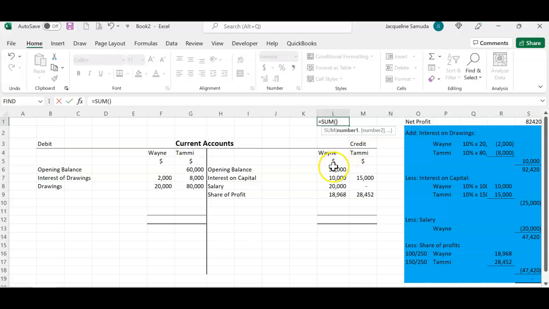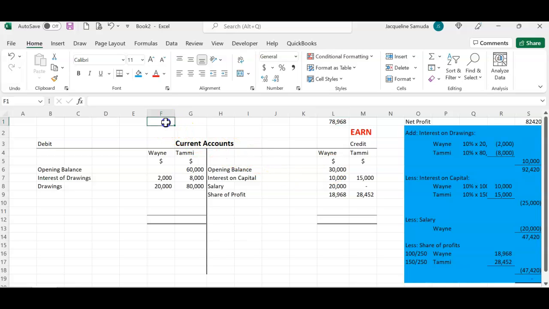So the first step in balancing your account is to total both sides, which is what I'm doing now. So I'm adding up the debit side and the credit side. The debit side is smaller for Wayne, $22,000, and the credit side is bigger for Wayne, $78,968. That's step one. Total both sides. Step two.